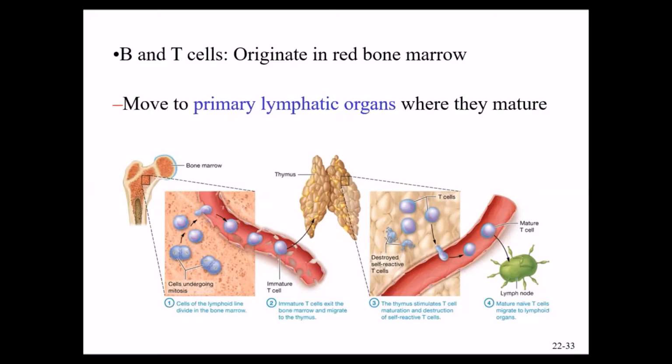And so once they leave the bone marrow, they enter the bloodstream and they circulate in the bloodstream. And when they come to the thymus gland, that's where they're going to find that hormone thymosin, and that helps in the developmental process to finish the development and maturation of the T cells.